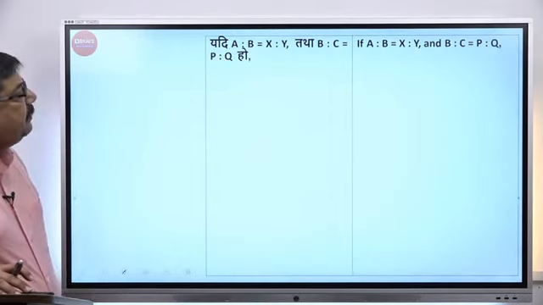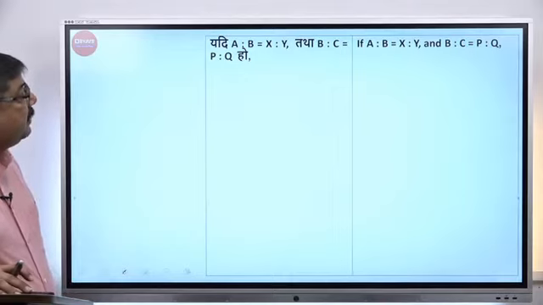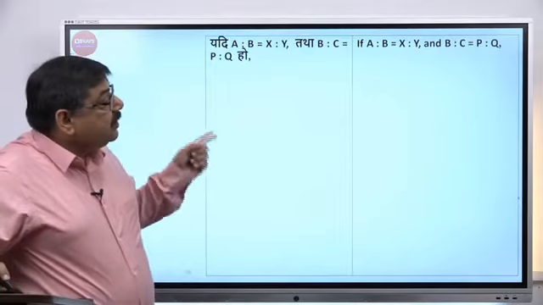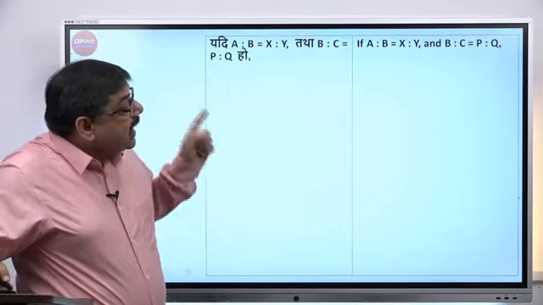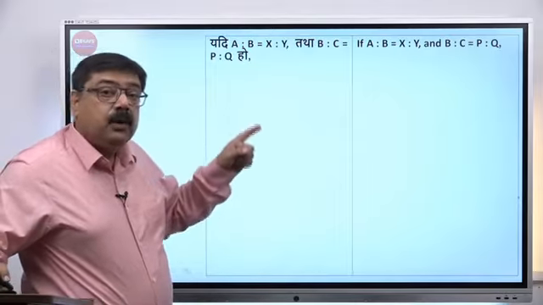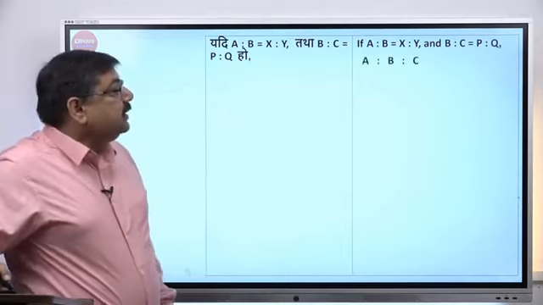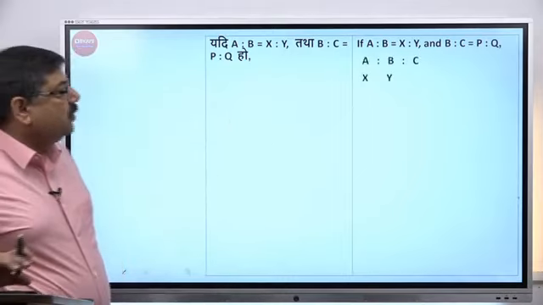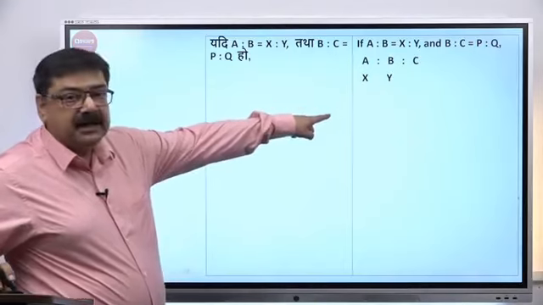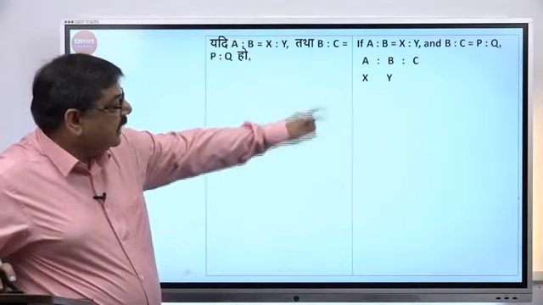यदि A सही B बराबर है X सही Y तथा B सही C बराबर है P सही Q, if A is to B is equal to X is to Y and B is to C is equal to P is to Q, then we know A is to B is X is to Y, करेक्ट?